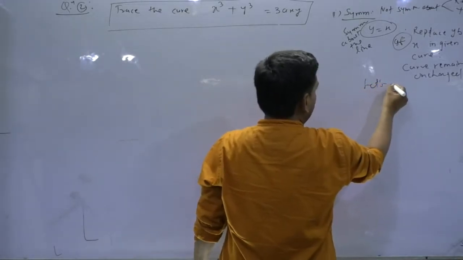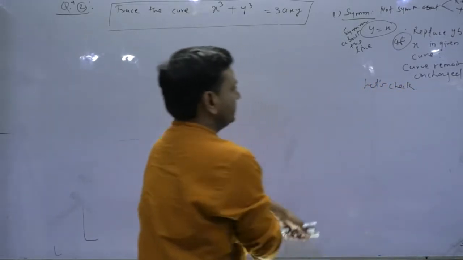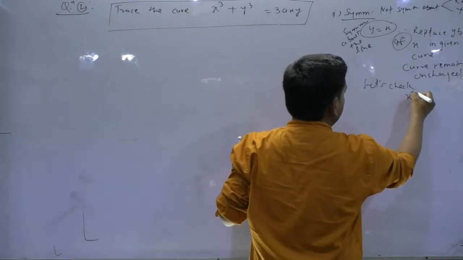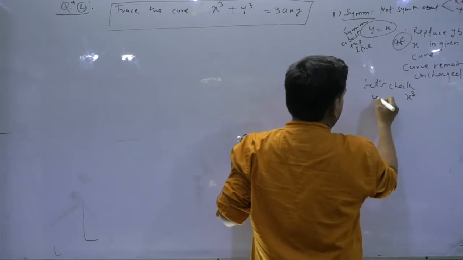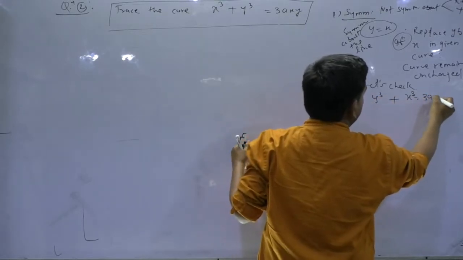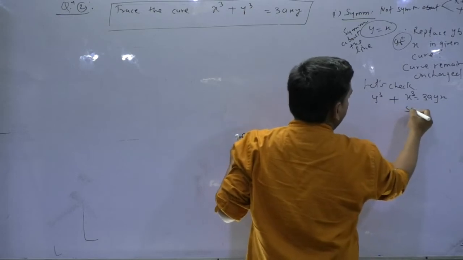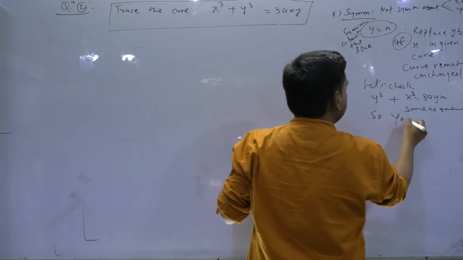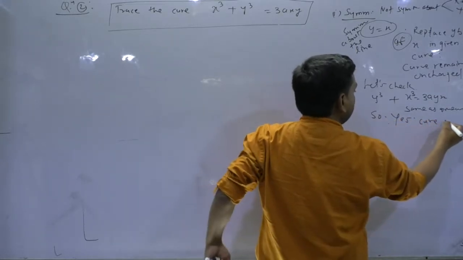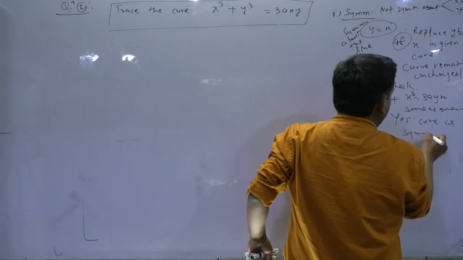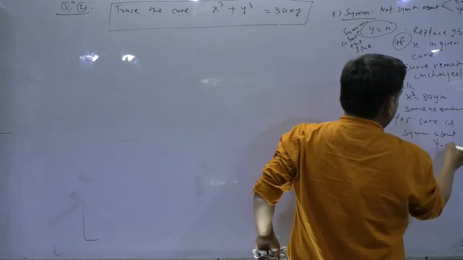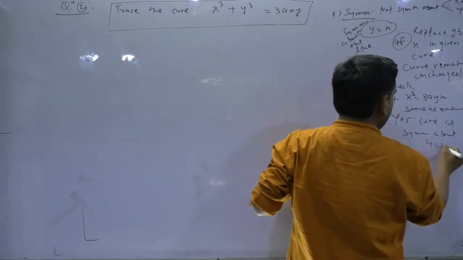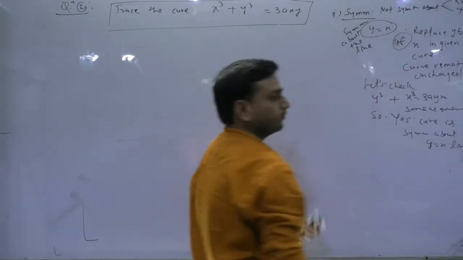Let's check. If I check it, x cube plus y cube equals 3ayx, same as the given curve. So yes, the curve is symmetrical about the line y equals x. Is that fine?